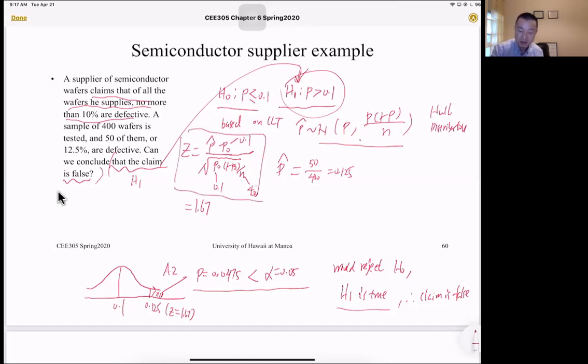Then we calculate the p-value and compare it with alpha. If the p-value is less than alpha, we reject H0 and say H1 is true. If the p-value is larger than alpha, we cannot reject H0 and we say H0 is plausible, but we never conclude H0 is true. That's the first example for today.